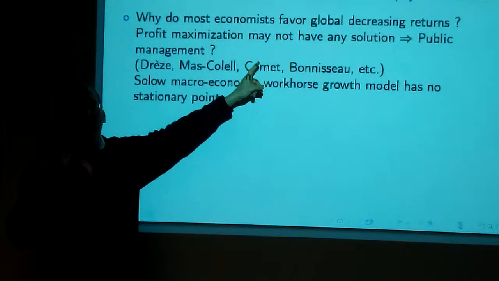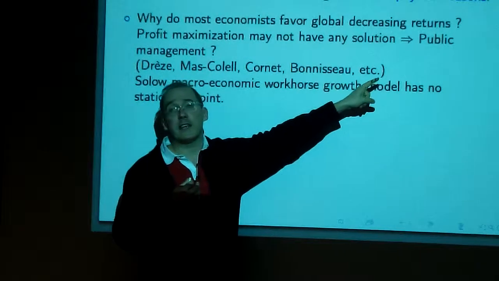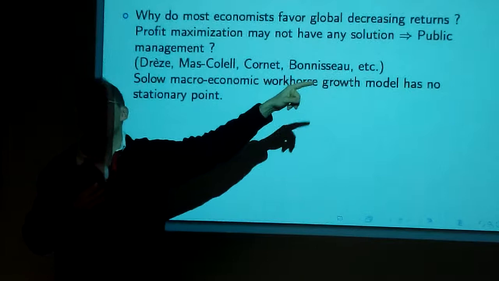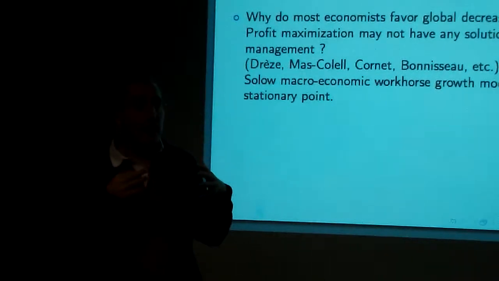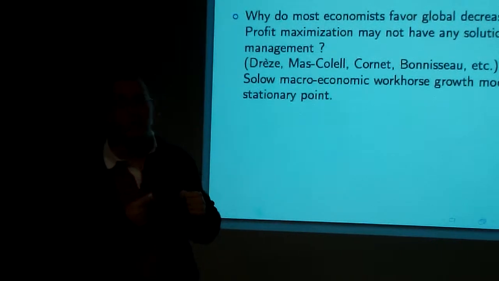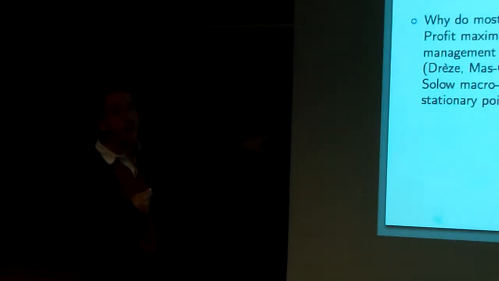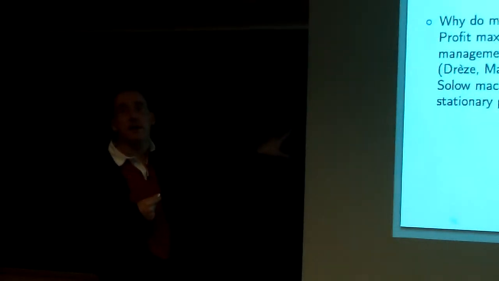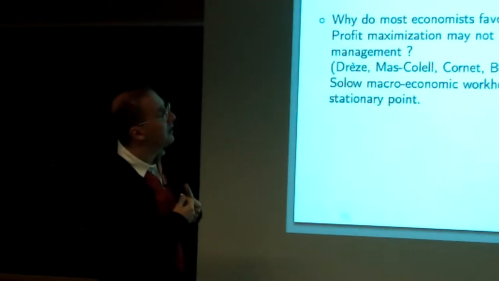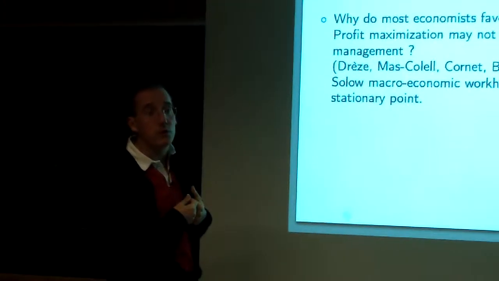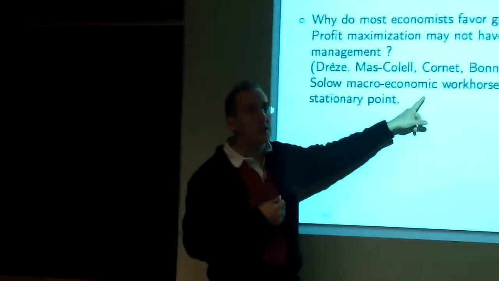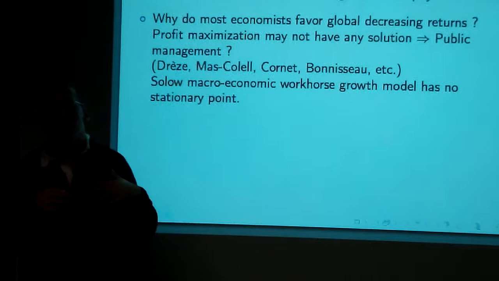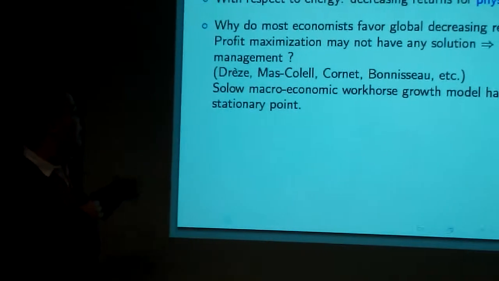And the usual standard answer to this is that then we should nationalize this firm. But this means that if it were true that most of the industrial sector has increasing returns to scale, that is something larger than or equal to 1, then we should have a huge public sector. And this is not the kind of conclusion that most neoclassical economists want to have at the end of the day. And the Solow macroeconomic model, which is the workhorse growth model invented in the 50s, would not even have any stationary point.